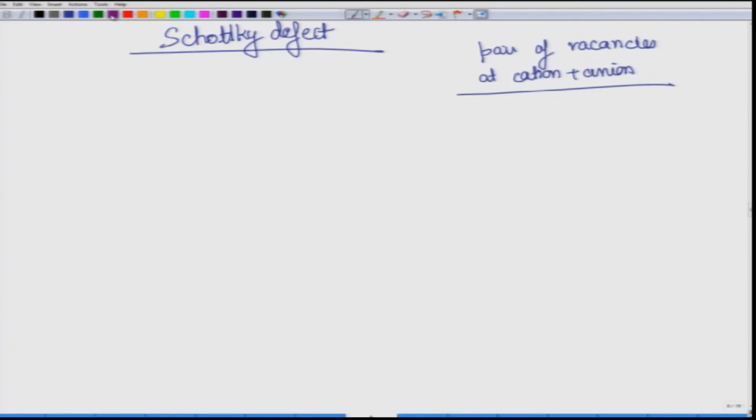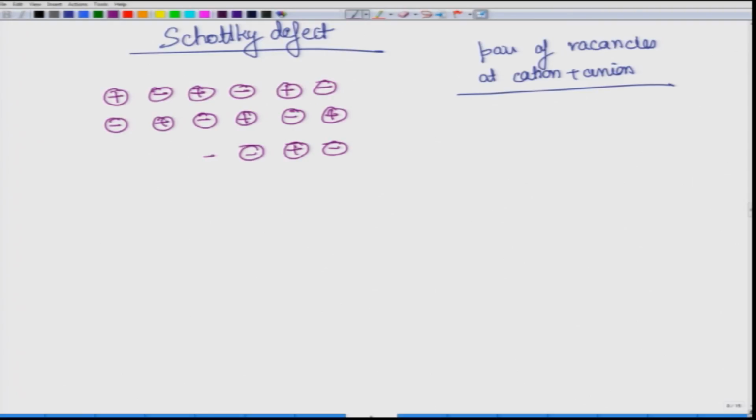So, for example, again since we are talking about ionic solids, we will have something like this, and again like I said, I will have to draw equal number of cations and anions. Now, let us take away one cation from somewhere over here.